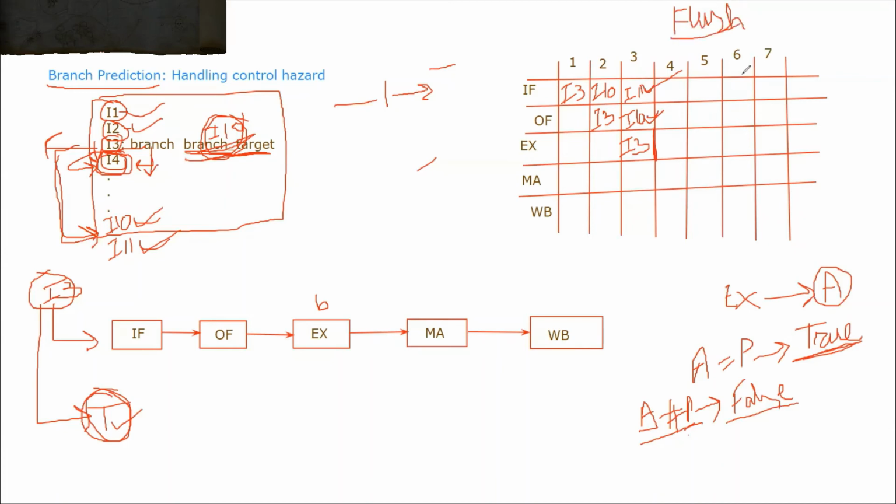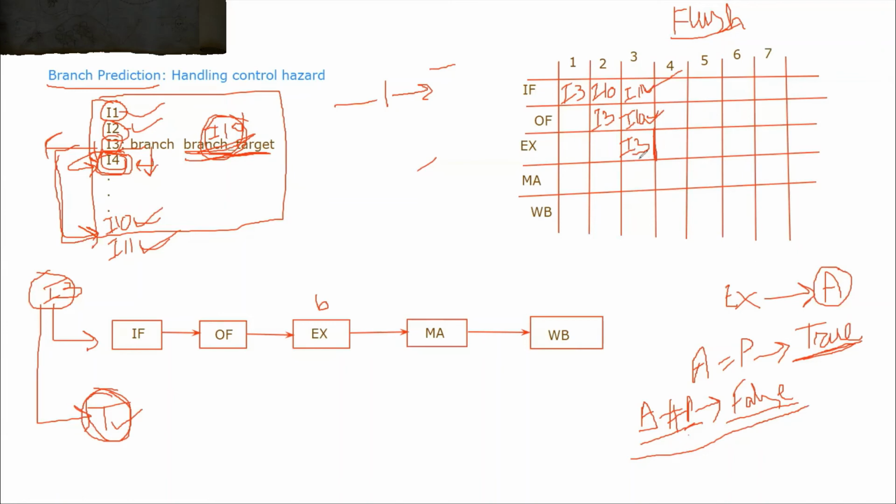Why do we have to flush the pipeline? Because our prediction is wrong, and because of my prediction I have fetched those instructions which should not have been executed. So I have to remove those instructions from the pipeline.